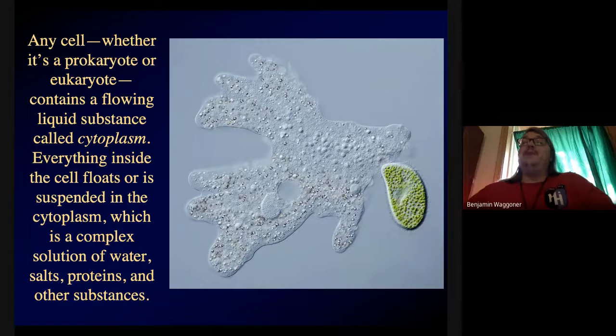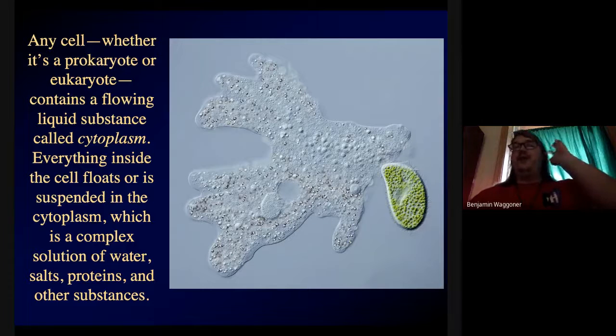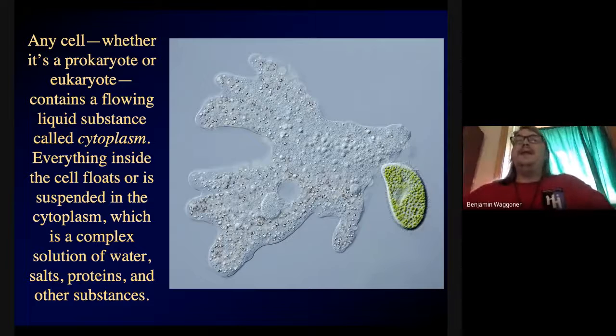An amoeba is basically a giant mobile blob that can send out projections of itself and withdraw projections into itself and move through a process of cytoplasmic flow. Cytoplasm is a complex solution of water, of course, with lots of salts, lots of proteins, various other substances, and everything inside the cell is floating or is suspended inside the cytoplasm.